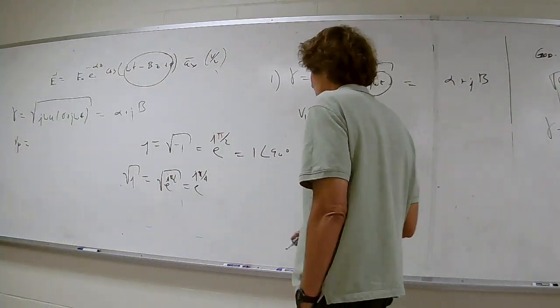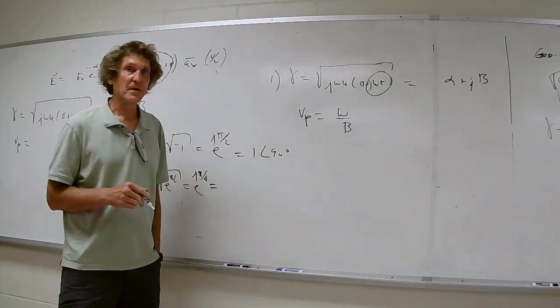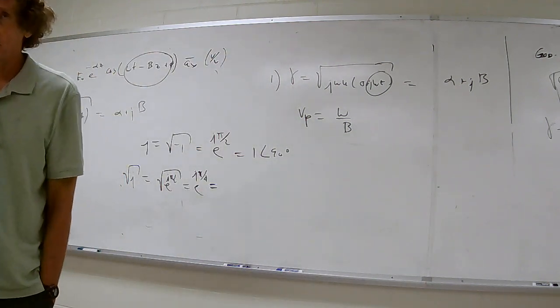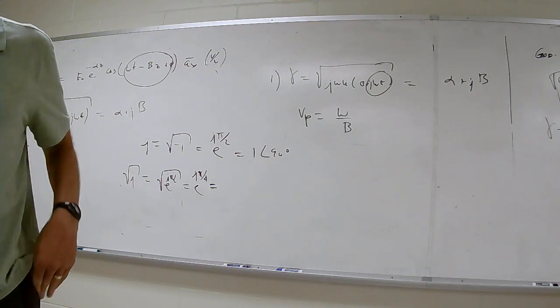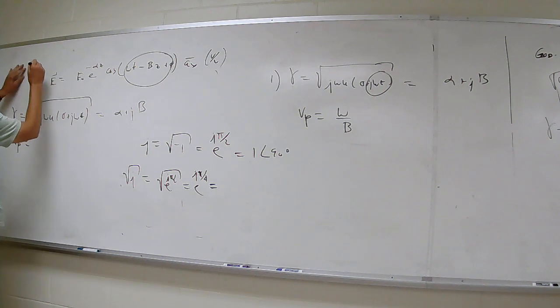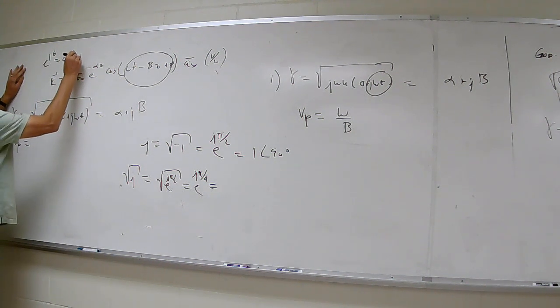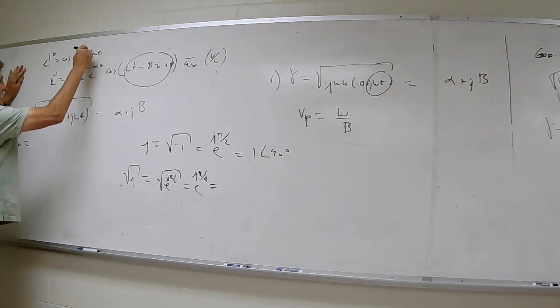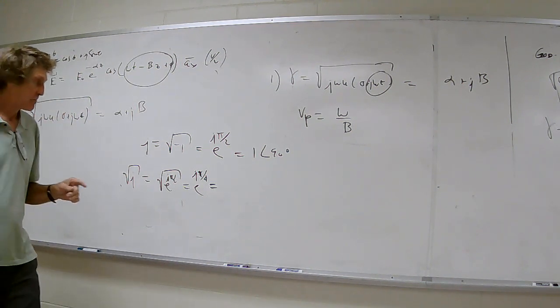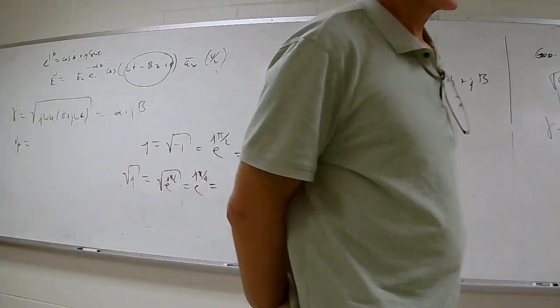So what is e to the j pi over 4? Think about back when we did Euler's, which should be second nature to you. What's Euler's equation? e to the j theta is cosine theta plus j sine theta. All right. What's the cosine of pi over 4, cosine of 45 degrees? 1 over square root of 2.